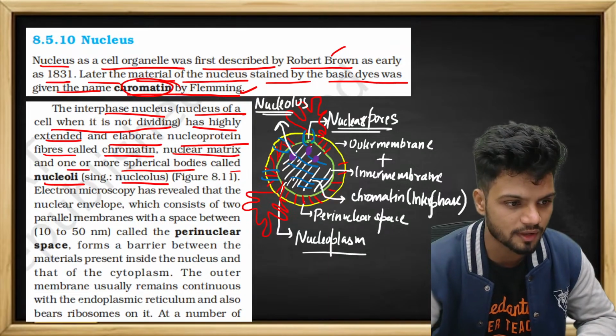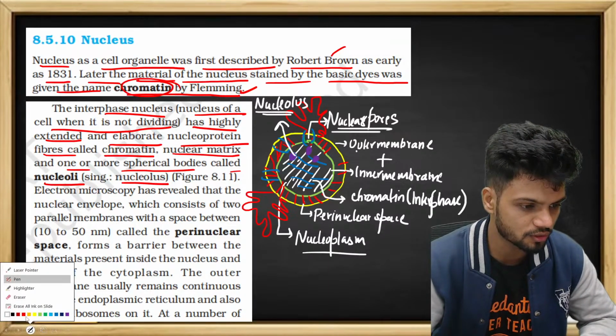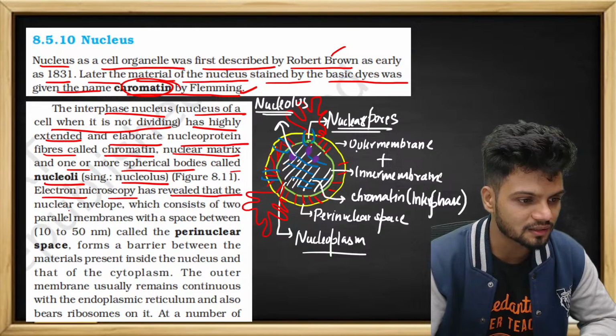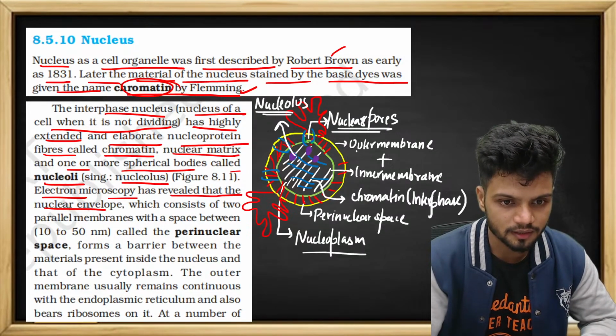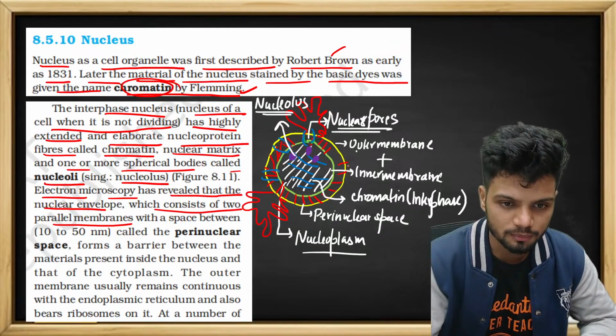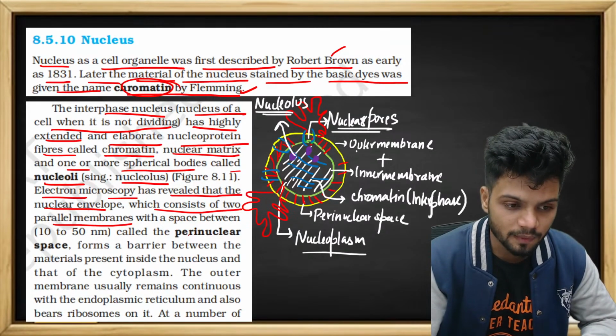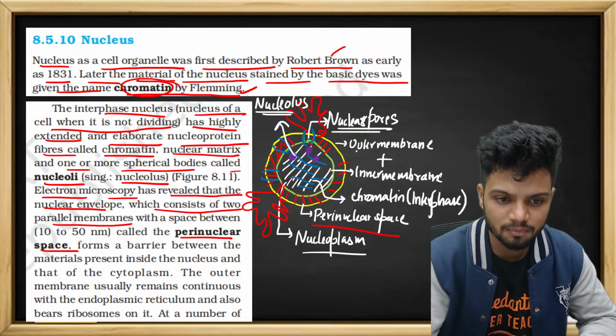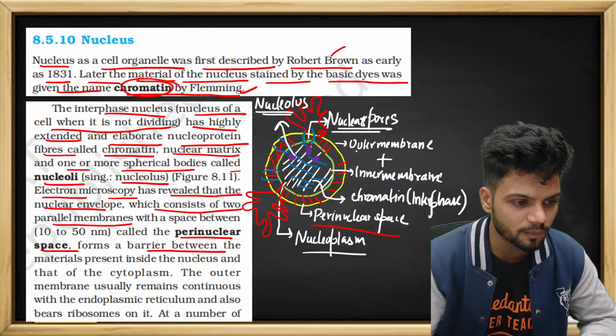That is a ribosome factory. Electron microscopy has revealed that the nuclear envelope, the outer wall, consists of two parallel membranes, outer membrane and inner membrane. The part between is called the perinuclear space. It forms a barrier between the material present inside the nucleus and that of the cytoplasm.